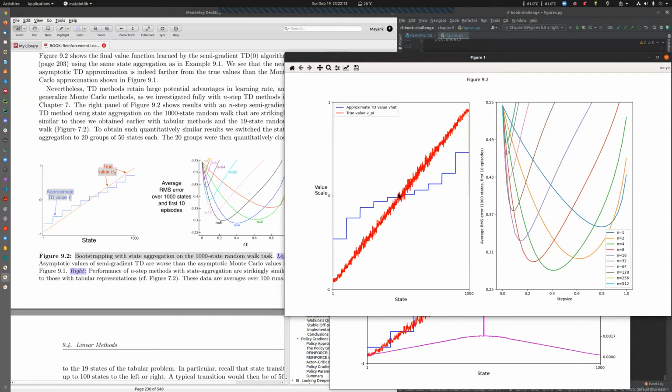As they have divided it, I think, into 20 groups of 50 states each, on the 100 states, these are the 100 states.